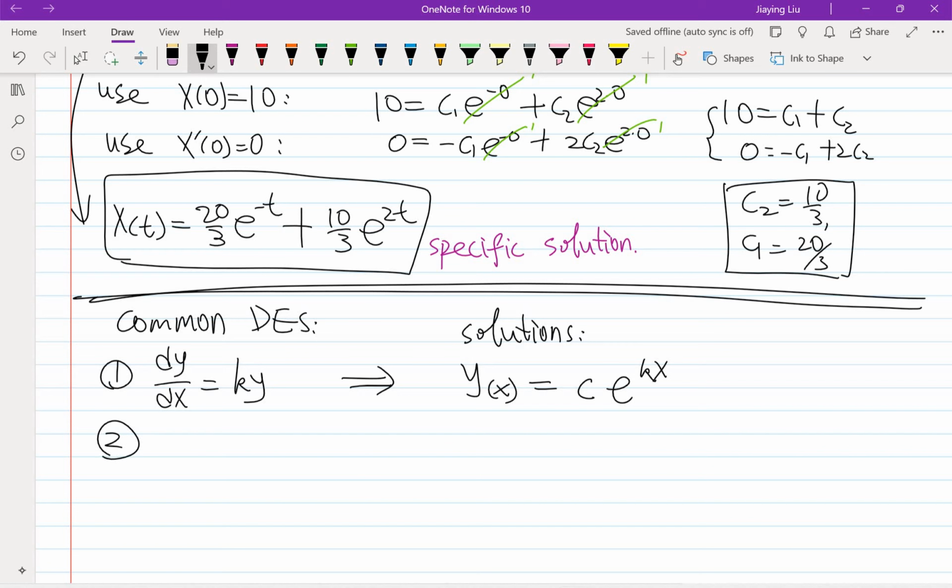The second one is basically the same. It's just that you have a negative. And the only difference is that we have a negative sign in the exponent. It's an exponential decay model.